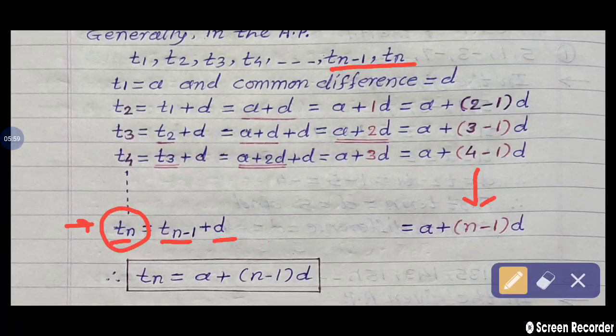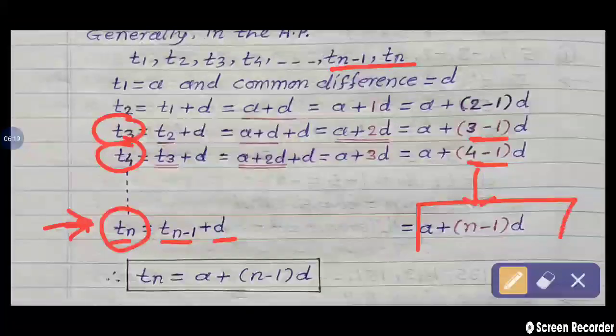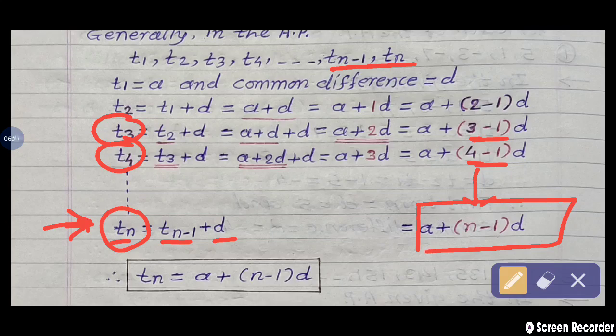If we find the fourth term, we subtract 1 from 4. If we find the third term, we subtract 1 from 3. Check this bracket. In this way, if we find the nth term, we subtract 1 from n. So in general, A means first term plus n minus 1 into difference.